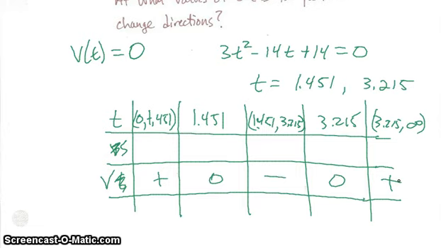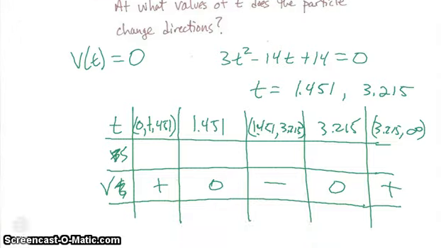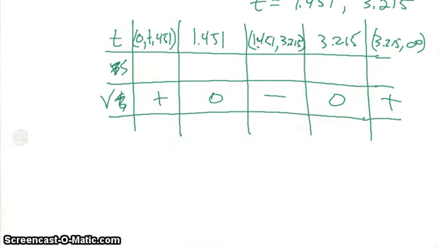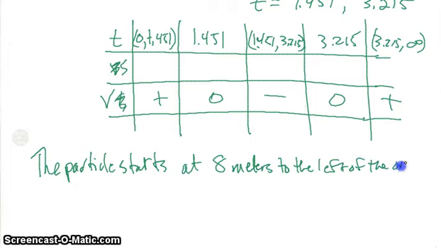If that is the case, then what's going to occur? It said again, at what values of t does the particle change directions? Okay, so the particle starts at 8 meters to the left of the origin and moves to the right. Okay?